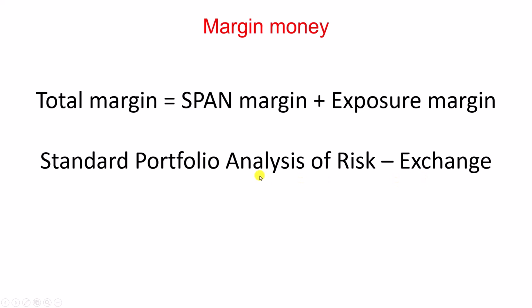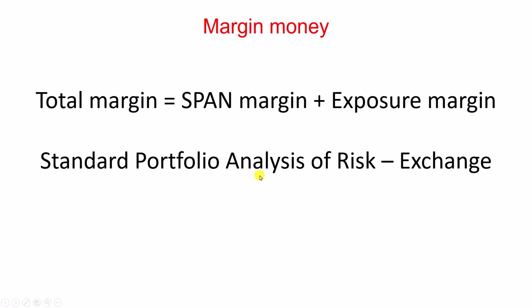They calculate it on various factors, the majority being the maximum risk that the underlying asset has on that particular day. In other words, I had given you the example of Cipla, correct? On that particular day, the maximum movement that the Cipla stock can have. What is the worst possible movement?